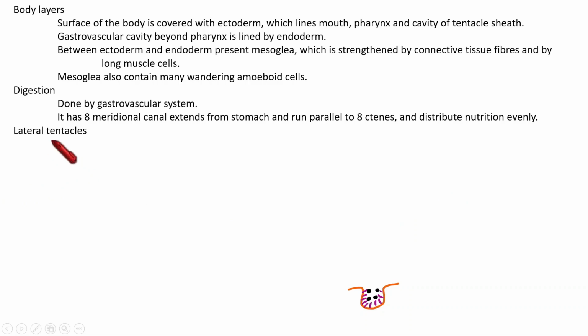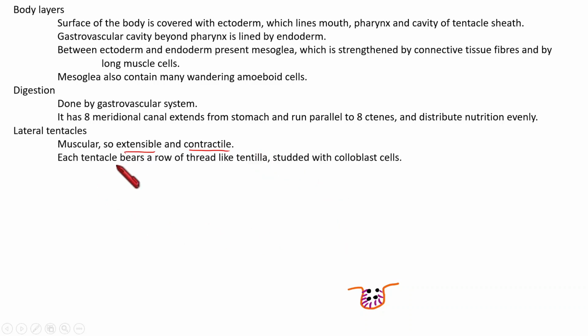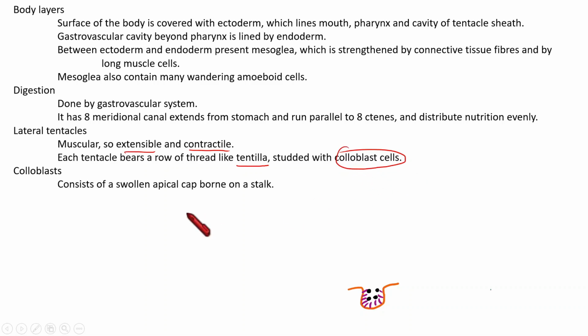Then, regarding the lateral tentacles, those long tentacles are muscular, extensible, and also contractile. We have already seen that they bear so many side branches called tentilla. They are studded with colloblast cells. Now we can know some additional points regarding these colloblast cells. A colloblast cell consists of a swollen apical cap positioned at the top of a stalk.